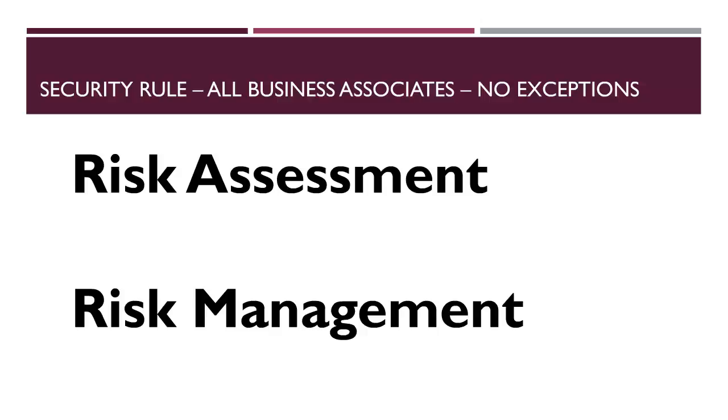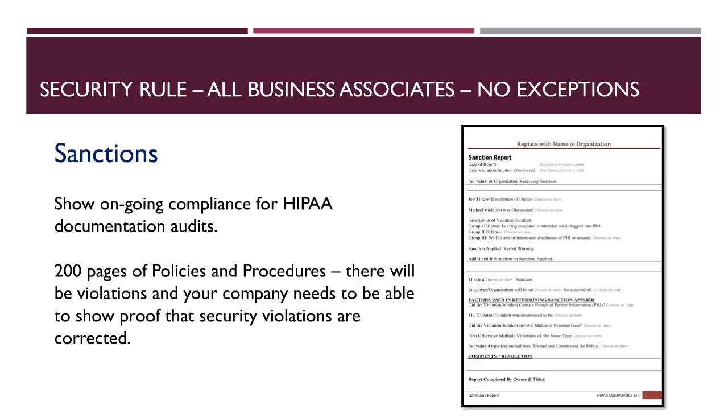Again, all business associates, just as all covered entities, must have a yearly updated risk assessment looking for known vulnerabilities. Once found, the risk management report puts together a plan to correct those vulnerabilities. Sanctions are a part of the HIPAA security rule.